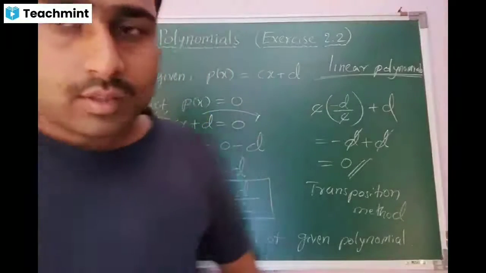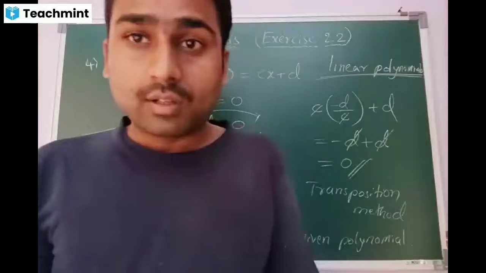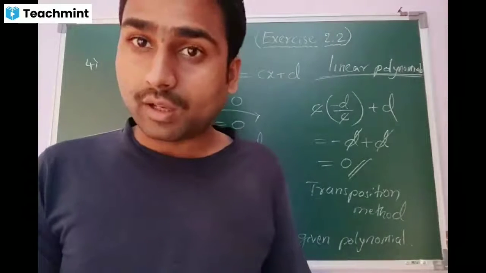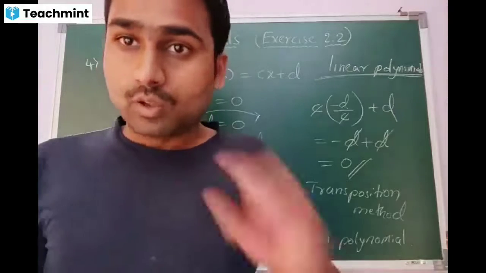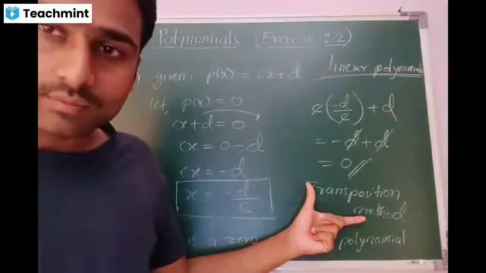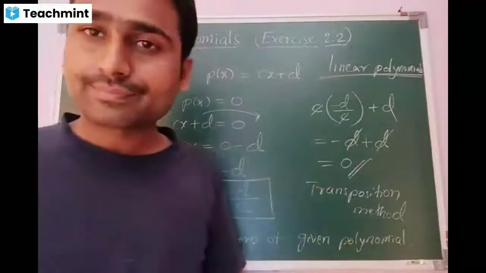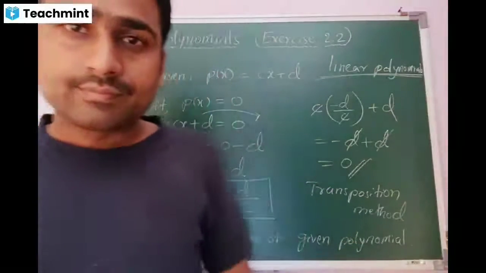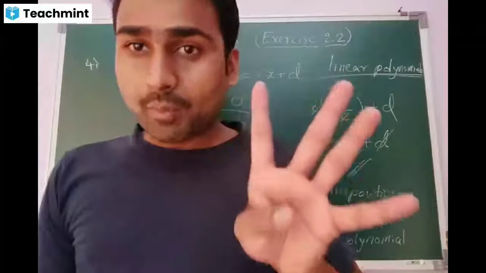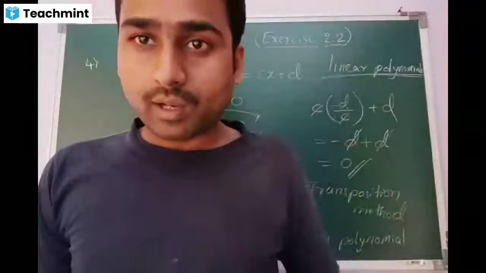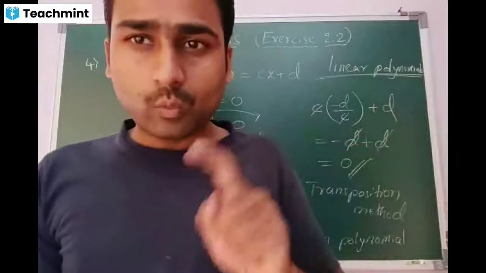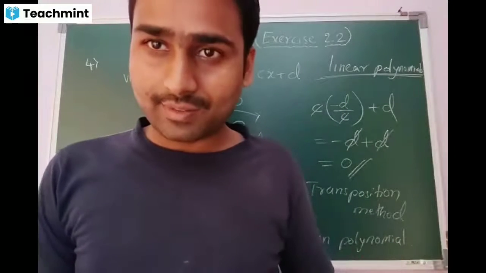Sir, if it is a quadratic polynomial or a cubic polynomial, what will be the procedure? Students, note it down. That time, this procedure is not going to work out. Understanding my point? Now the question comes, how will it be done then? Beta, how to find the zeros of quadratic and cubic polynomials will be dealt with in the next exercise.